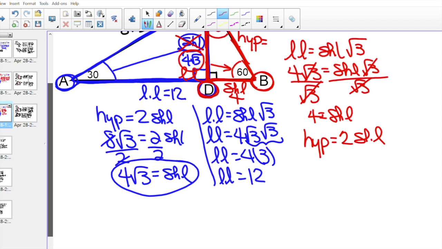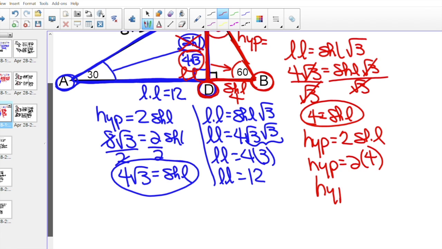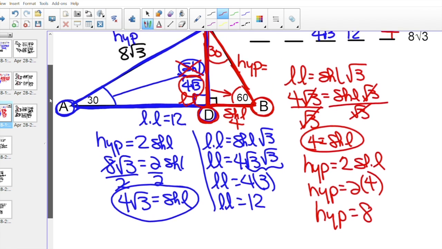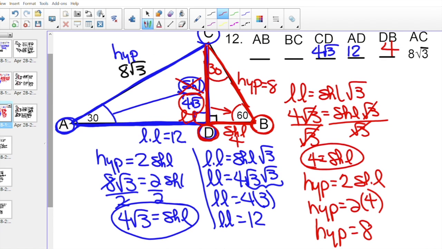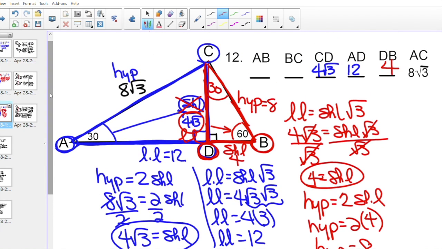We've been doing this now. I hope you have begun to understand these two theorems. So the hypotenuse is equal to 2 times, now right here we found the shorter leg to be 4. So the hypotenuse is 8. Now, on the diagram, that would be from C to B. Well, BC then would be 8.